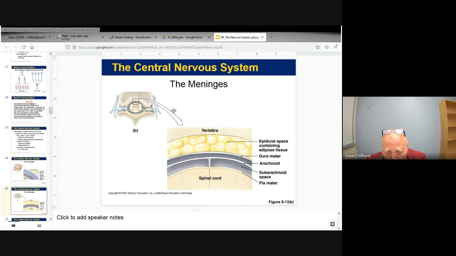In the spinal cord, we have the bone of the vertebrae and this epidural space, where the epidural is, allows injection of painkiller in the vertebrae to help deaden the pains of childbirth. Then we have a dura mater, the arachnoid, the subarachnoid space, and the pia mater.